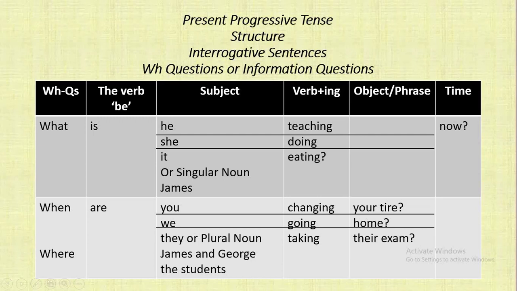You can say that he is teaching English now. Okay, when are you changing your tire? You can say that we are changing our tire, or I am changing my tire, for example, at 10 a.m. or at 4 p.m., etc. You can refer to the time, or you can say that I'm changing my tire after some time.